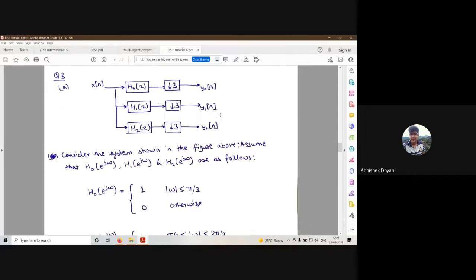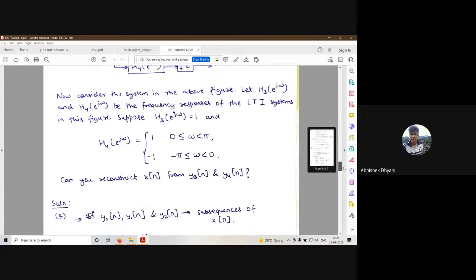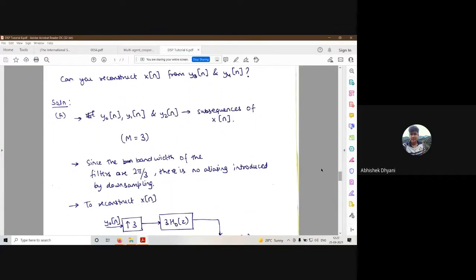Before we look at the second part, let's try to solve this particular case. The solution is like this. y0 n, y1 n, and y2 n are nothing but subsequences of x of n. We have made these 3 subsequences of x of n because we have a filter which has a polyphase decomposition with the number of phases equal to 3.